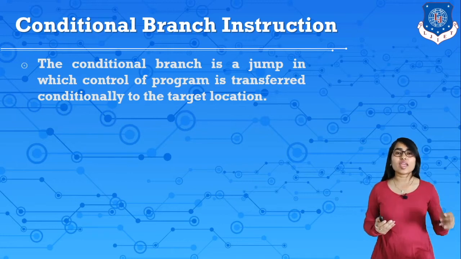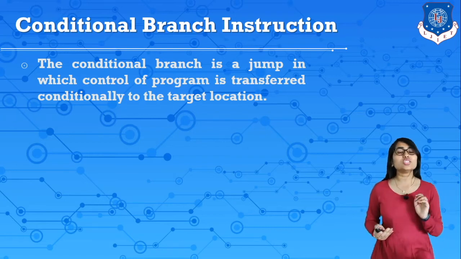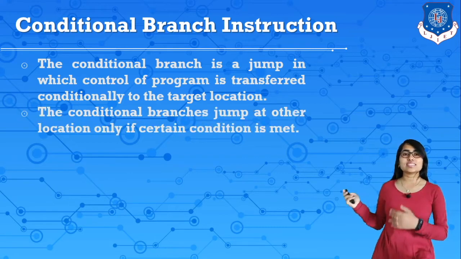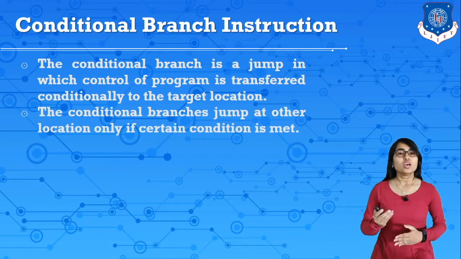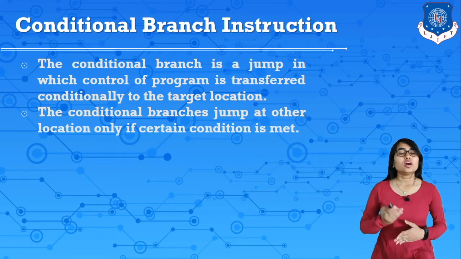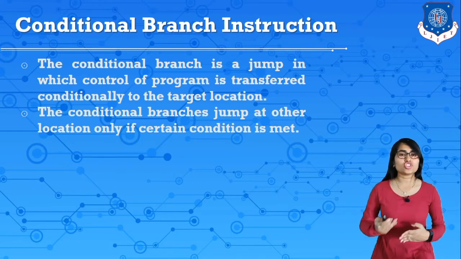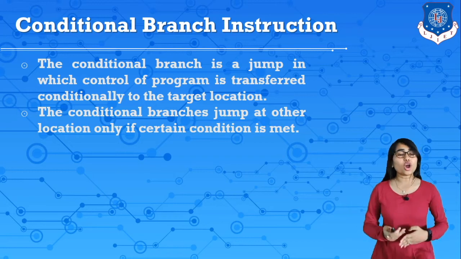That means an address is given, but at that address the jump is executed if and only if some condition is fulfilled. That's why it is known as a conditional branch instruction. The conditional branches jump to a targeted location only if a certain condition is met.